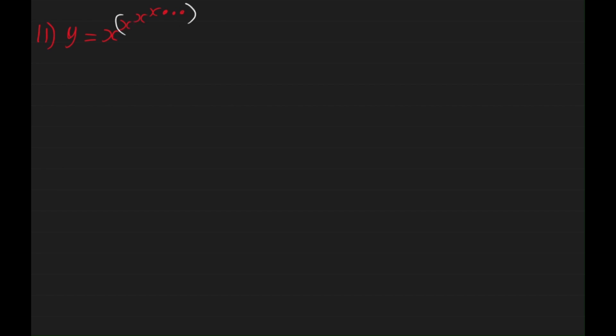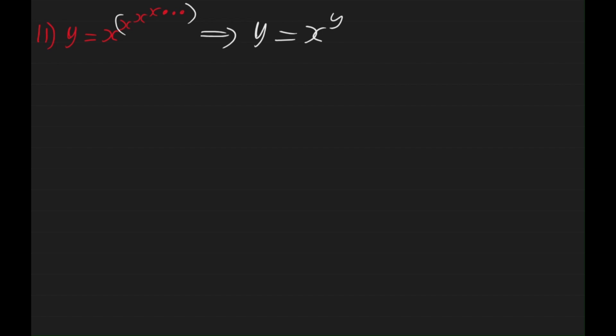X is to the power of what? X is to the power of x power x power x till infinity. So x is to the power of infinite x's. And what's y? Y is equal to infinite number of power of x's. So we can just remove this and put y, right? So we can say that y is equal to x power y.